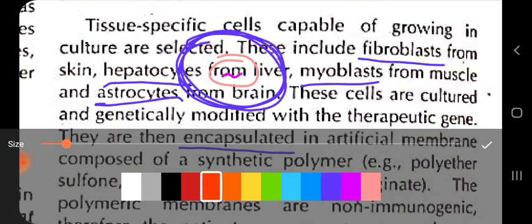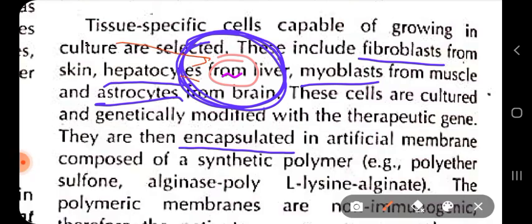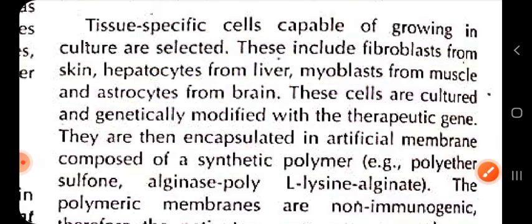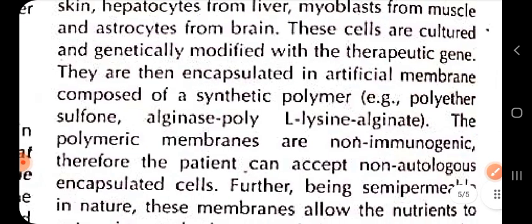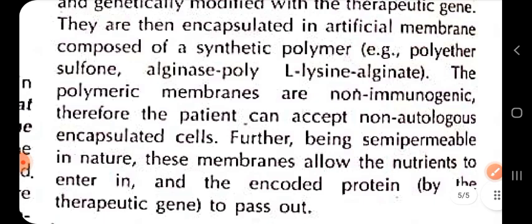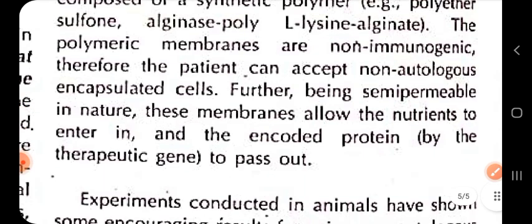That means it can allow entry of the nutrients and exit of the products from the cells, and this synthetic polymer is not immunogenic. It will not create any immune response in the patients after delivery, and thus the cells can mediate their functions normally and easily.